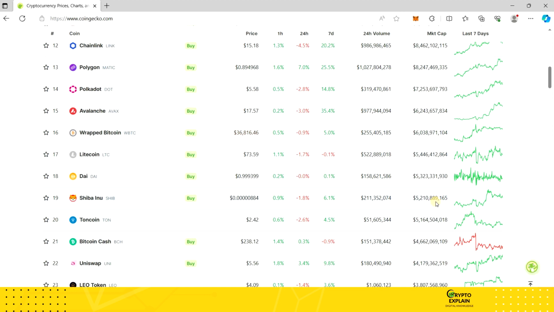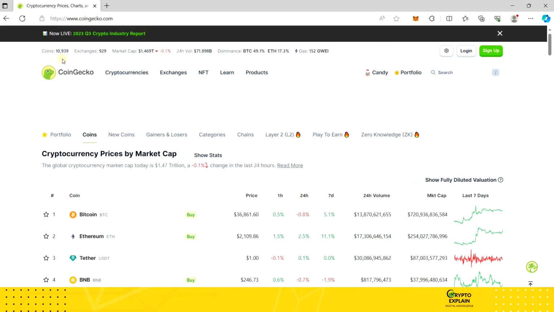Another aspect to consider is the total number of different cryptocurrencies listed, which currently stands at around 11,000 different projects. We can also check the number of exchanges available, distinguishing between regular centralized and decentralized ones. Market capitalization, the total value of all projects included in the calculations, makes it easy to estimate whether money is flowing into or out of cryptocurrencies.